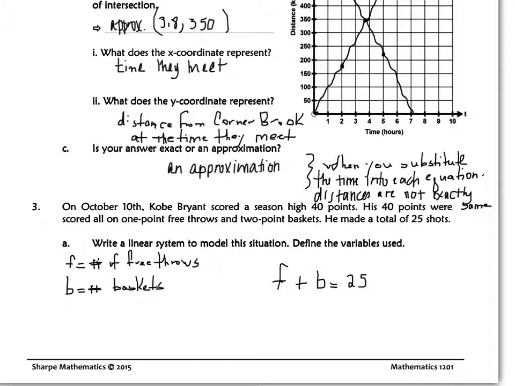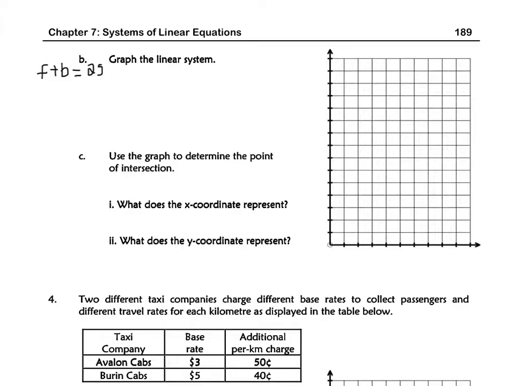And then the other equation would have to come about the points. So every free throw is worth 1 point, so that would just be F. The number of free throws is the number of points you get, plus, but you get 2 points for every basket, so it'll be 2 times every basket, and that should give you a total of 40. Okay, and the other equation was F plus 2B equals 40.